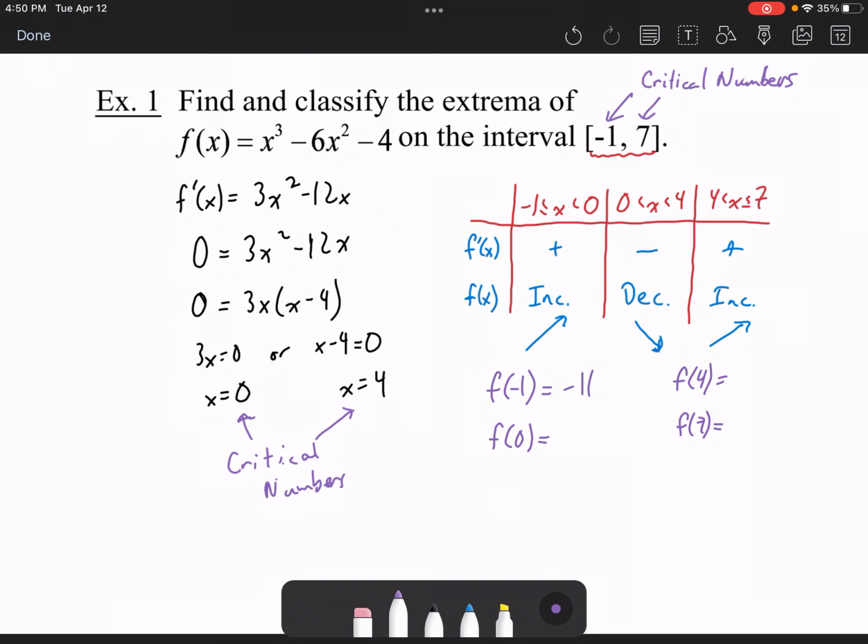So this one's -11, this one's -4. Just gotta grab my calculator here to work out my other values. This one's -36, and let me figure out my last value.